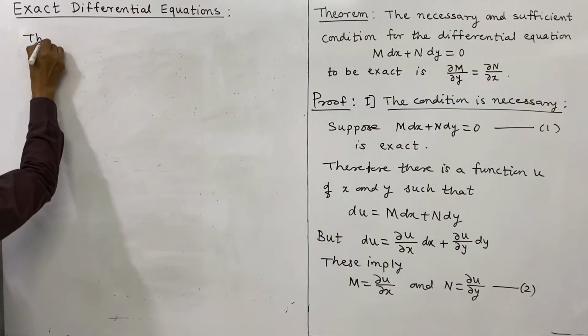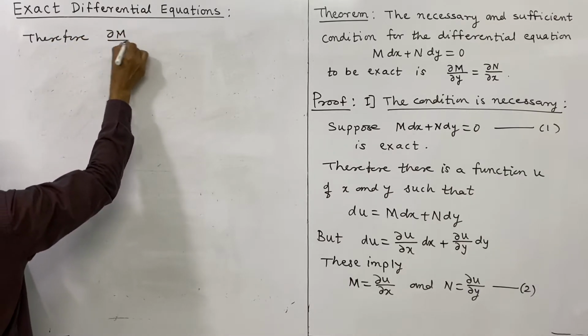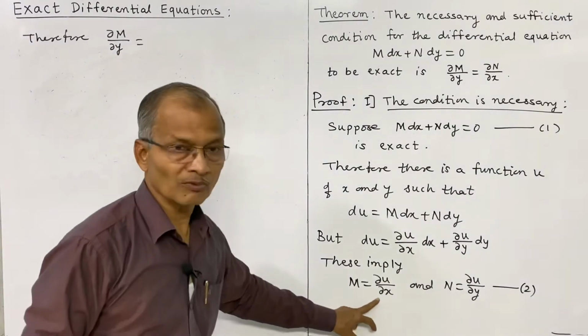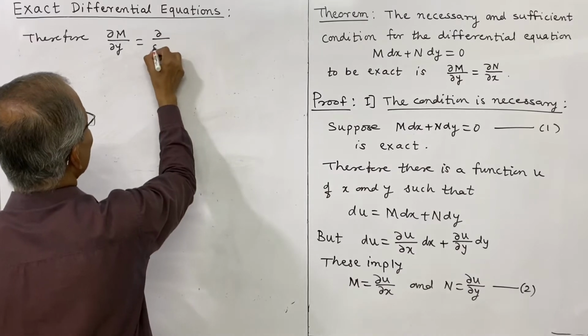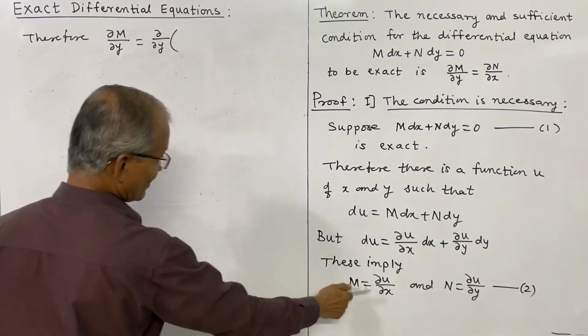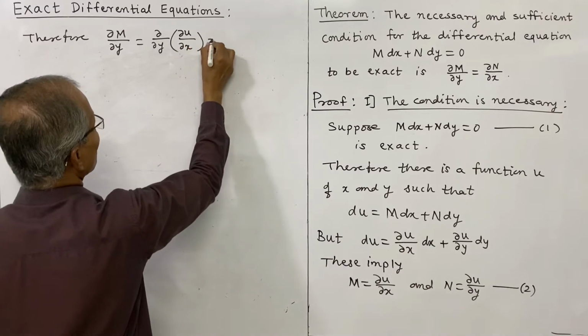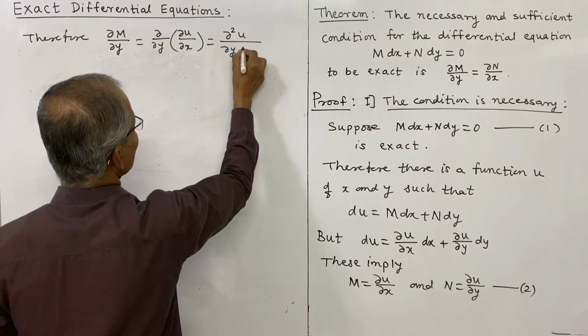is equal to, differentiating this partially with respect to y on both sides, ∂/∂y of the right side, which is ∂u/∂x, which is ∂²u/∂y∂x.